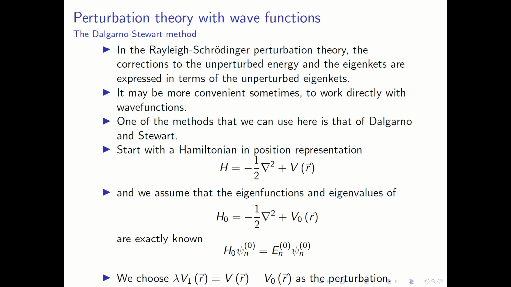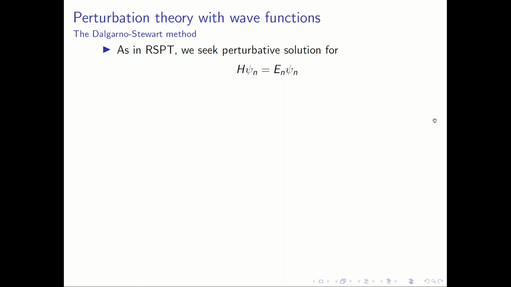As in the Rayleigh-Schrödinger perturbation theory, we seek perturbative solutions for the Schrödinger equation for the full Hamiltonian, H psi n equals En psi n. We expand En and psi n in powers of lambda. Let me remind you, the j in the bracket is not a power; it simply indicates that this is the jth order correction.